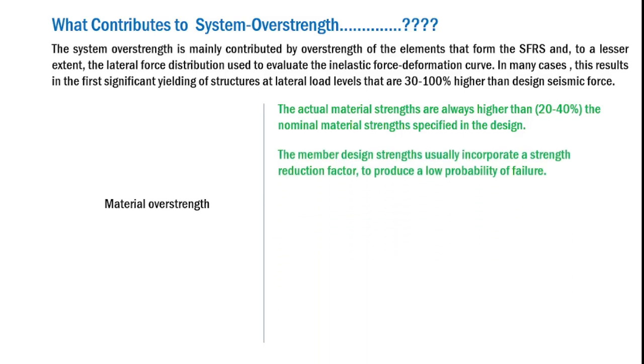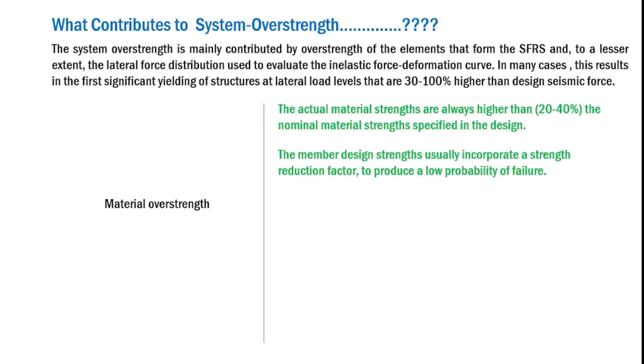For example, let us talk about a reinforced cement concrete structure. We start with two materials. The first one is the concrete and the second one is the reinforcement steel. When I say that the design strength of the concrete cylinder is 28 MPa, rather than 28, the actual strength could be 33.